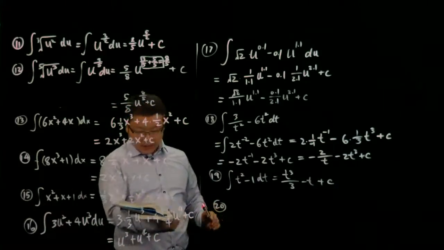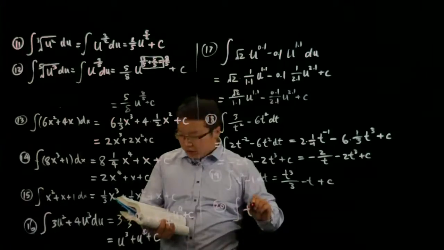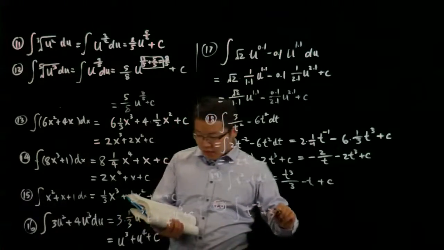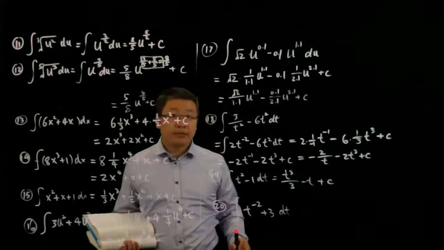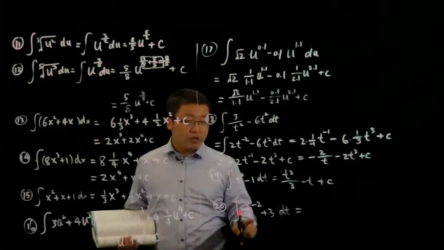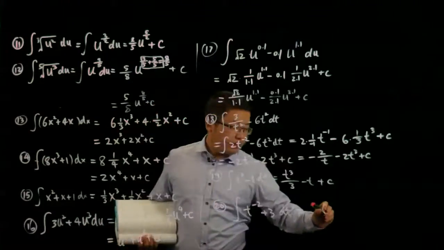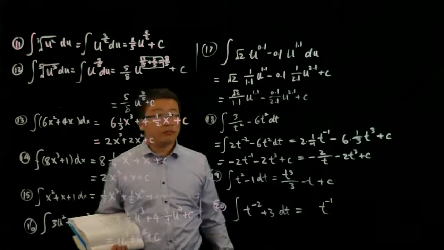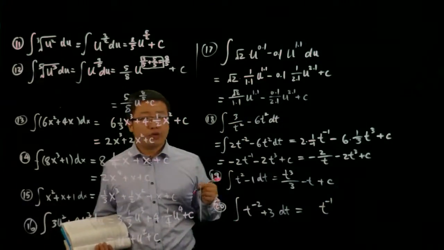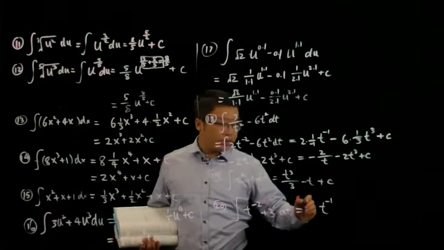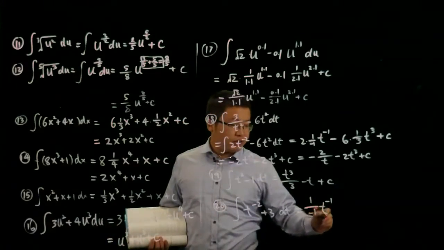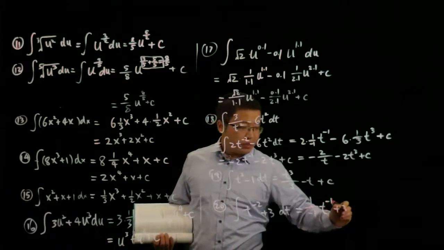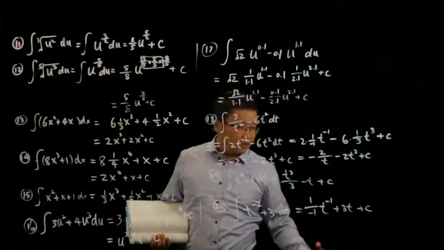Now number 20, the integral of t to negative 2 plus 3 dt. You want to integrate the t to negative 2, therefore t becomes t to negative 1. It's always increasing, even when you have a negative exponent. Then it's 1 over negative 1, plus 3t, and plus c.